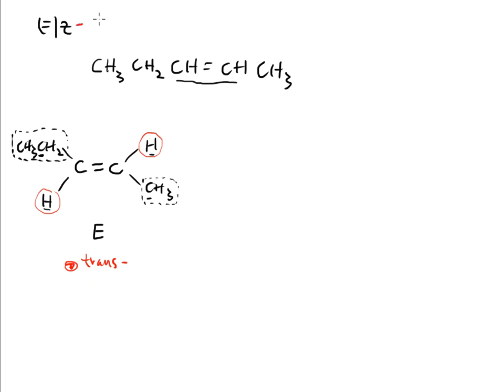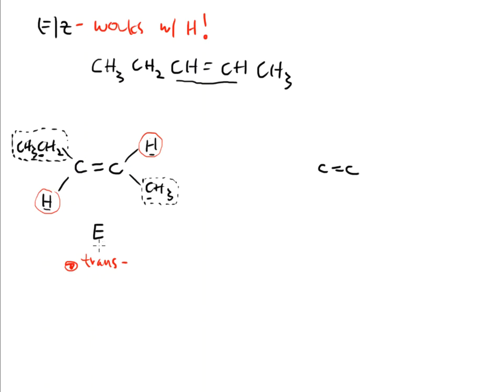E and Z are great for high priority groups that are not hydrogen, but it also works with hydrogens on those carbons just like it did in this example. So if I said E, I would be correct. And if I said trans, I would also be correct. Either one of those are actually acceptable in the world of organic.